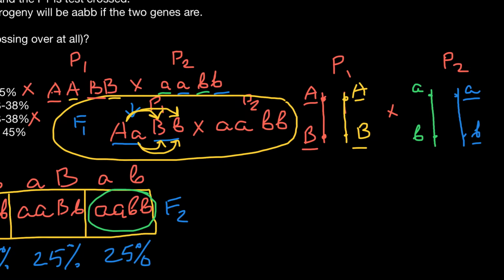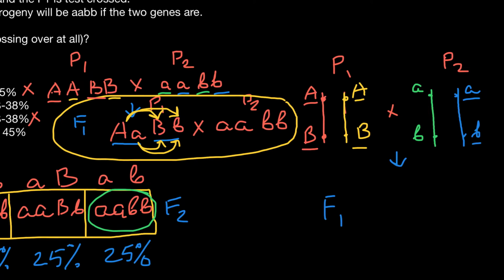Now, as you see, no matter which chromosome parent 1 would contribute to the F1 progeny, it can be any of these chromosomes.